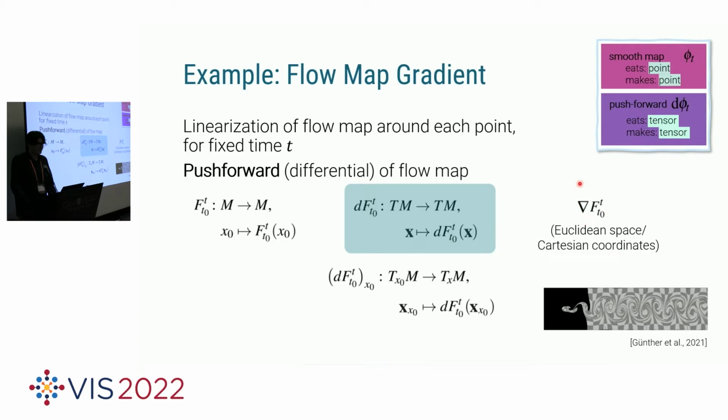And here this nabla is very commonly used for the gradient, but we will later see that this nabla actually has the meaning of the covariant derivative and is in general possible to do this on curved manifolds also. The construction would be different. And here we could also reformulate this flow map gradient just as the push forward of the flow map. So it's really a mapping between these tangent bundles.